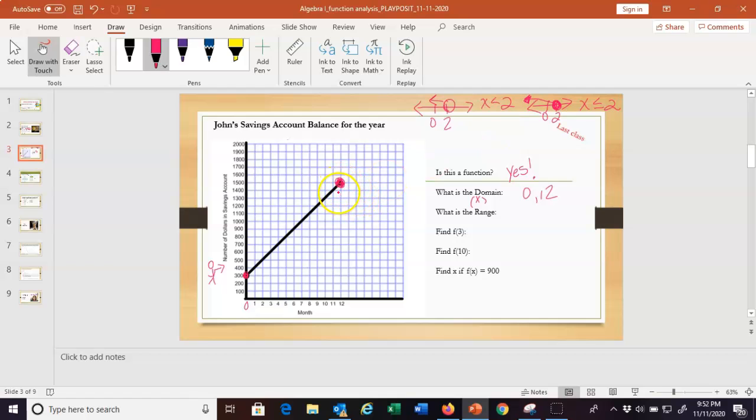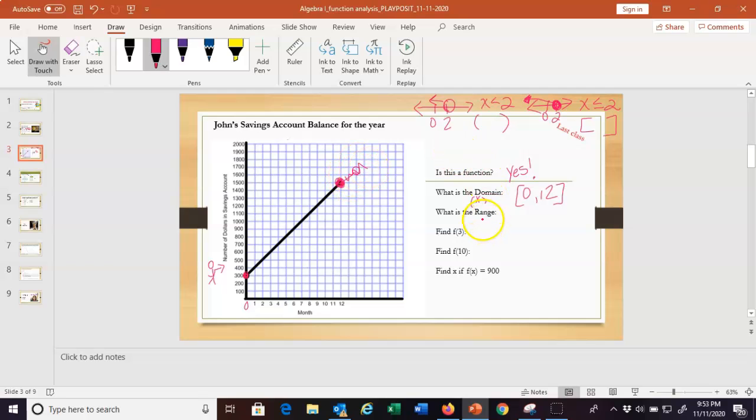This function has 2 filled in dots on the ends, so that means it is allowed to equal those values. So when we're doing interval notation, an open circle is parentheses and a closed circle is brackets. So the parentheses will indicate that the value is not included, and the bracket will indicate that it is included. So we're going to use brackets here because that is a single filled in dot. So it is allowed to equal that value right there. If this line kept going and it was an open circle, then we would have a parentheses.